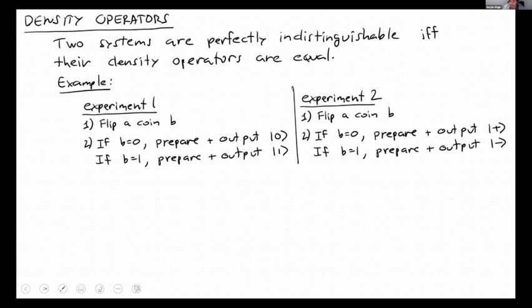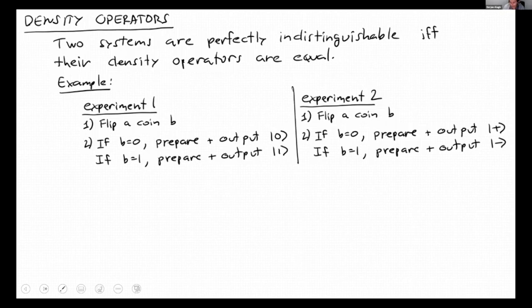Consider the following two experiments. In the first experiment, I'm going to flip a coin, and then depending on the value of this coin, I'm going to either prepare an output ket0 or ket1. In the other experiment, I'm also going to flip a coin, but now depending on its value, I'm either going to prepare an output the plus state or prepare an output the minus state.